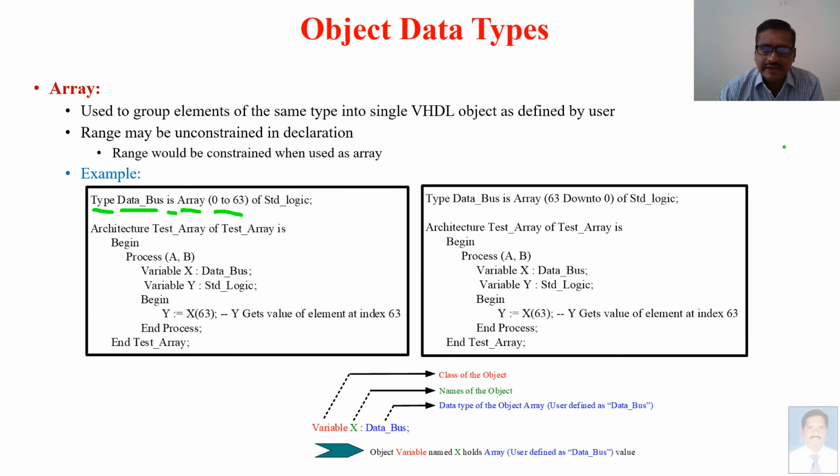We have an array which consists of 64 locations in parallel, starting from 0 and going up to 63, and the size of each location is STD logic, means a single bit.